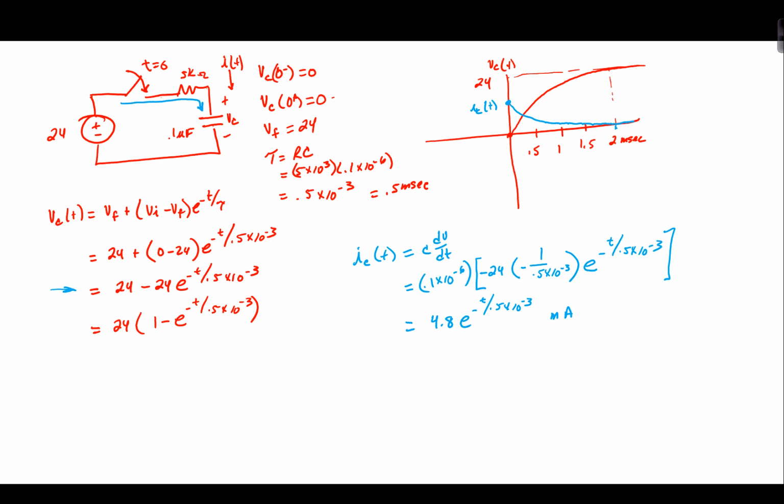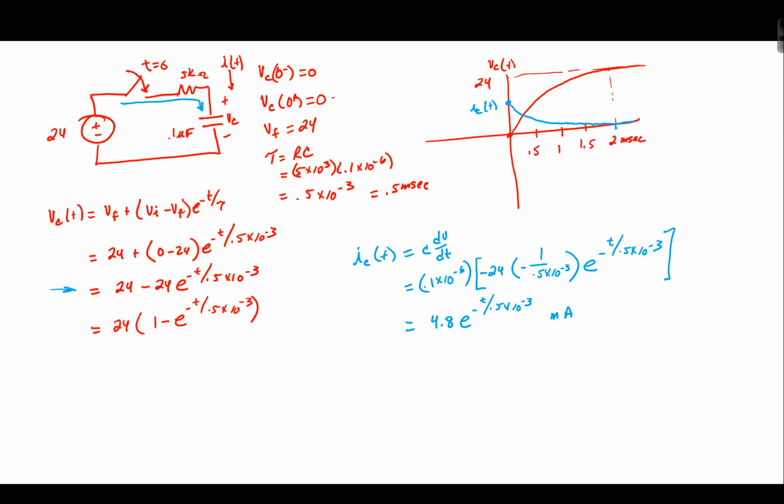When there is initially no voltage on this capacitor, you're going to have your maximum current. And it turns out that that maximum current, we could calculate. At t equals 0, the voltage on the capacitor is 0. So the current is going to be the current through that resistor, which at that instant would be the 24 volts minus 0 volts. So we've got all 24 volts across that 5 kilo ohm resistor.